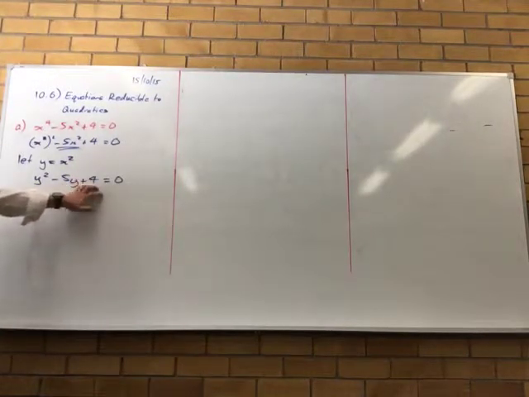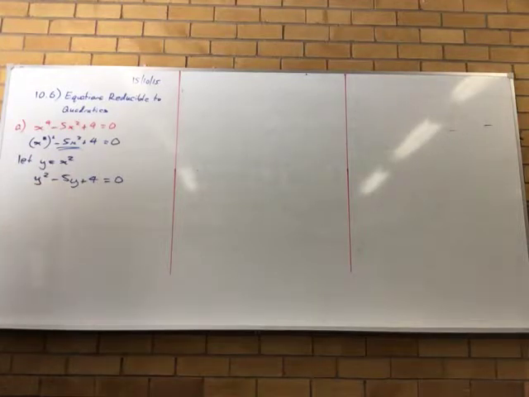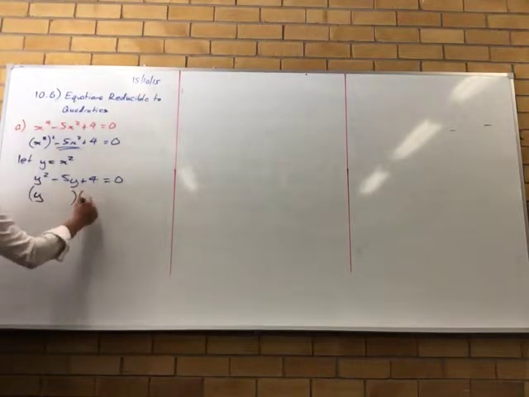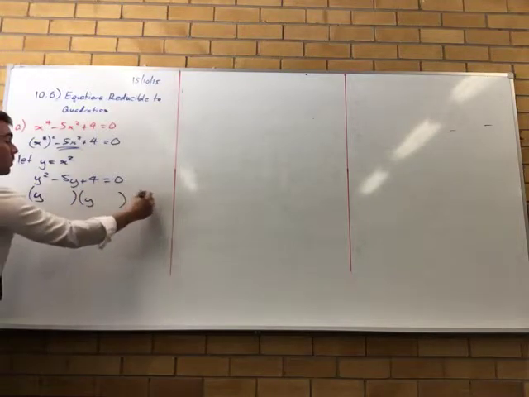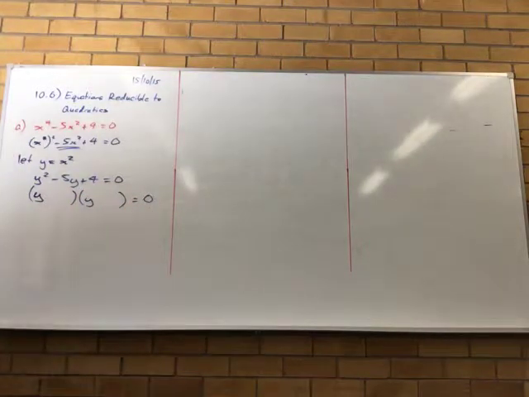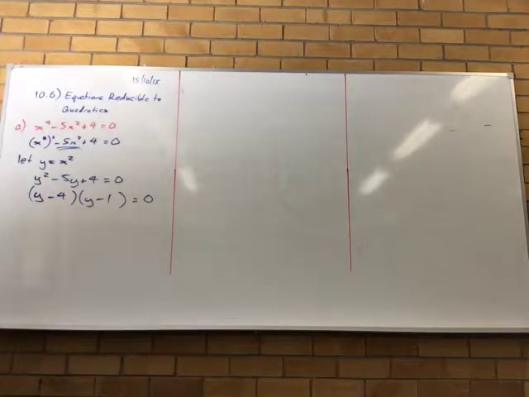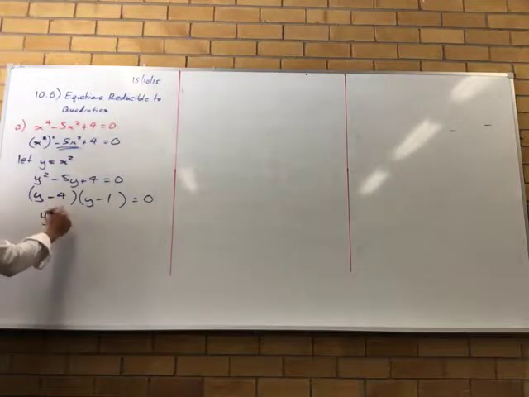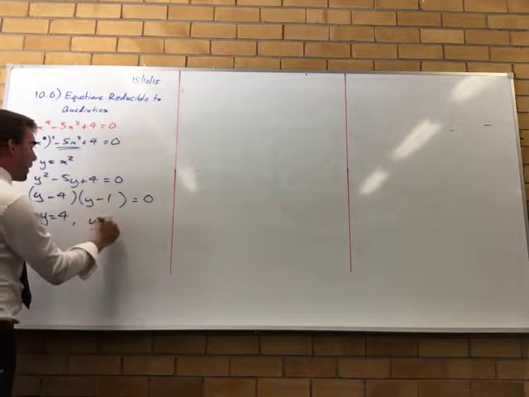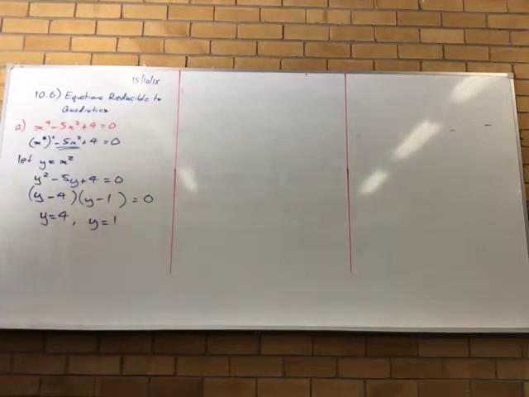Two numbers multiplied to give 4, same two numbers add to give negative 5. What are they? Negative 4, negative 1. So (y take away 4)(y take away 1) is equal to 0. So y must equal 4, or y can equal 1.